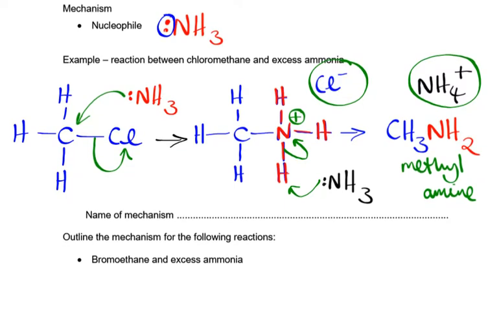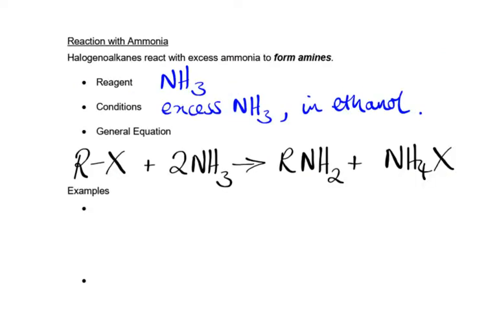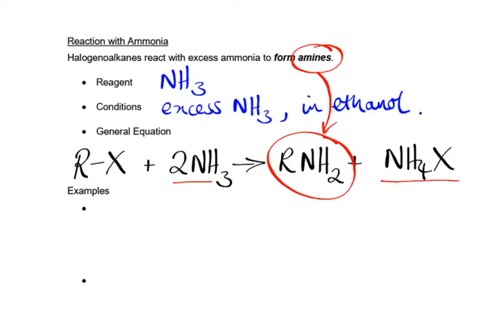What we can also see here is that we had 1 ammonia in the first step and then another ammonia in the second step. So for each of our equations we're going to need 2 ammonias involved. So our general equation will take this format. As you can see, there's 2 ammonias for each of the halogenoalkane. There's our organic product. That's our amine, and then we've got the ammonium halide salt as the other product.